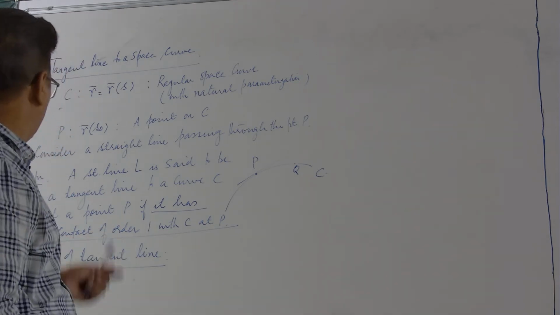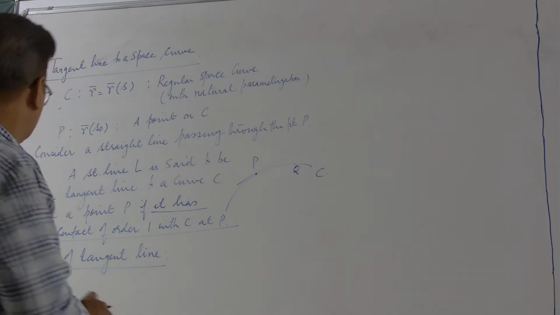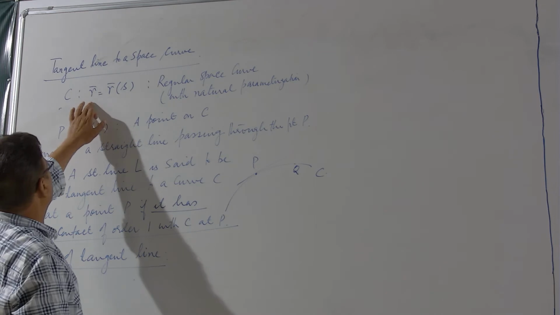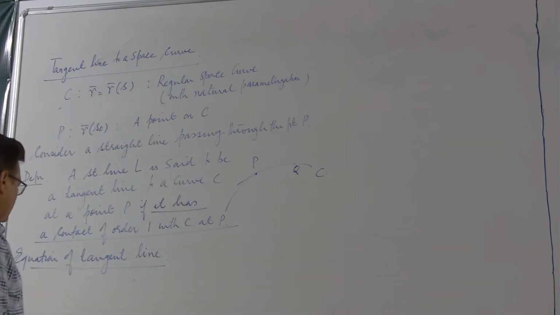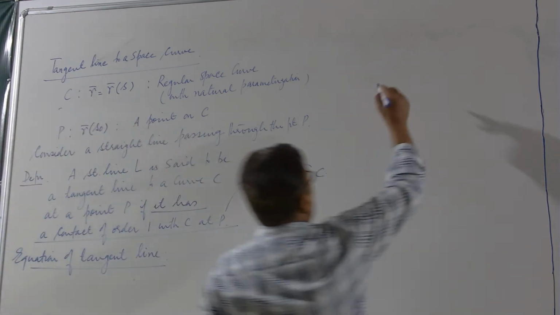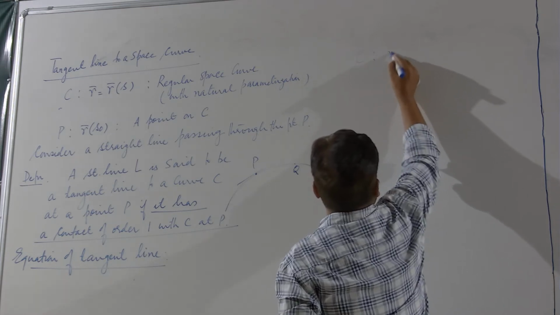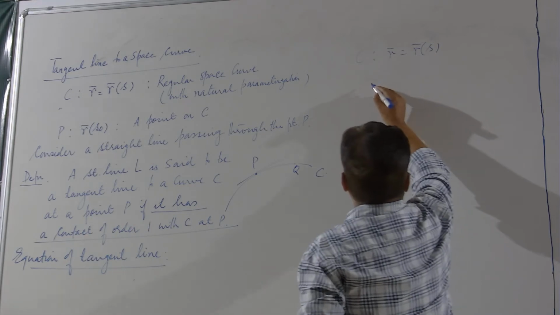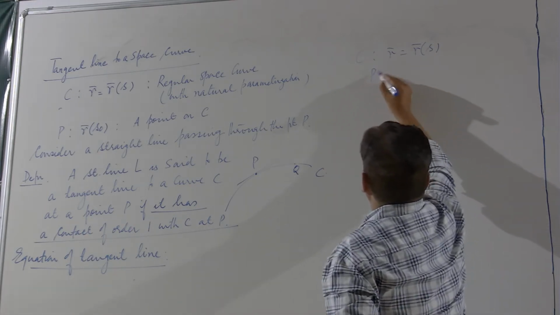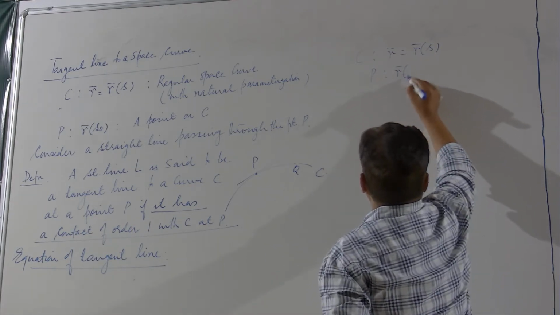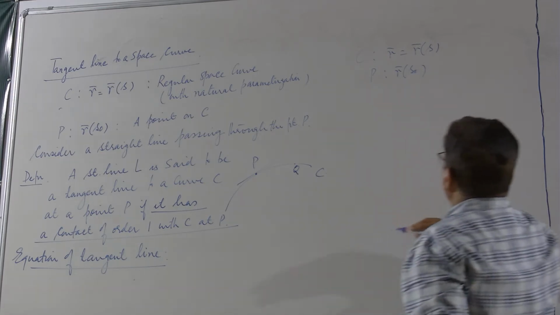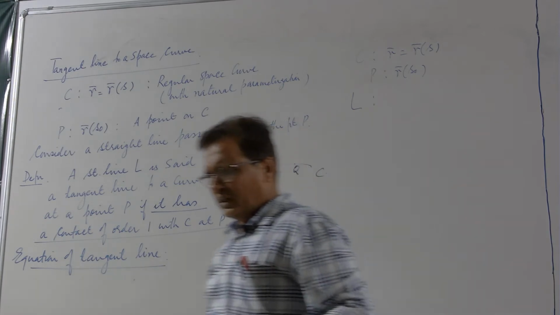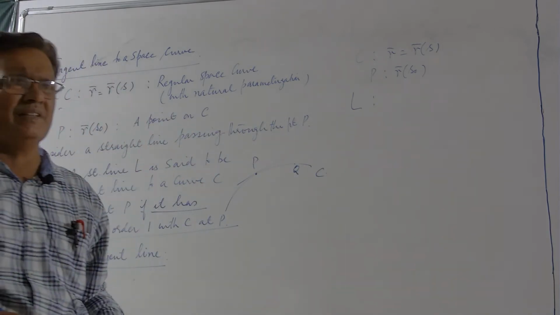All right. So, now let me work out the equation of the tangent line. I am assuming my curve is represented by this equation. So, our curve C is r equal to r(s), and suppose the point P has position vector r(s0), and suppose the line is also a curve, it has some parametric representation.